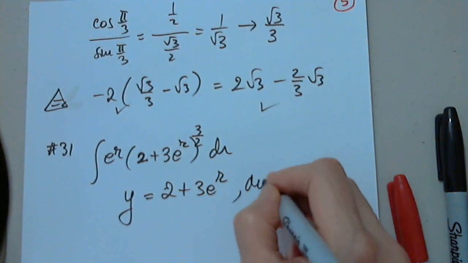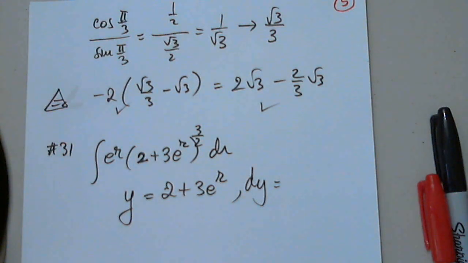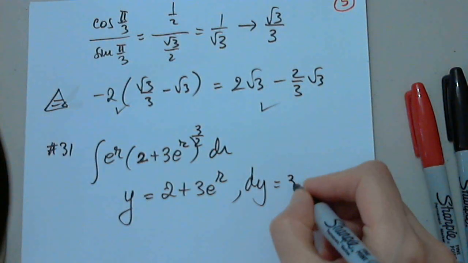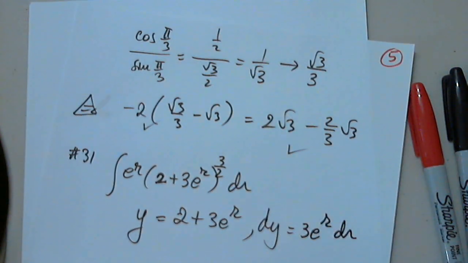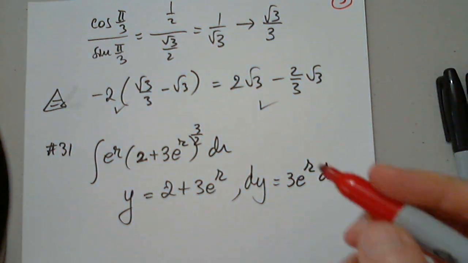Perfect. But now I have to make sure that dy is easily makeable. So can anyone give us dy? And remember, that is not the derivative. Three e to the r dr. And now all I have to look at is to see if I have e to the r.